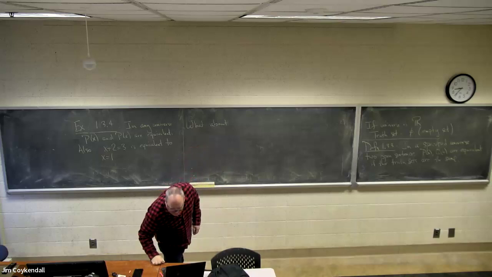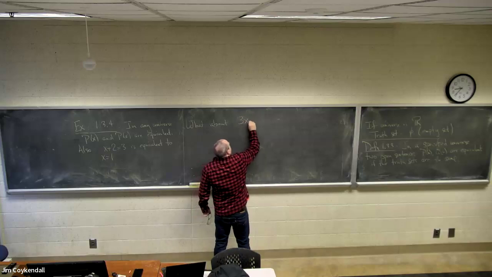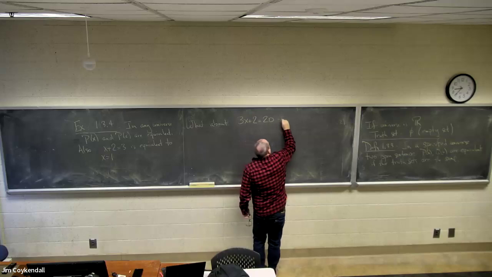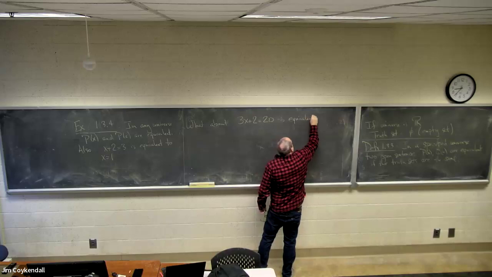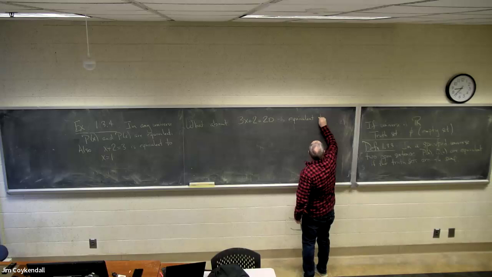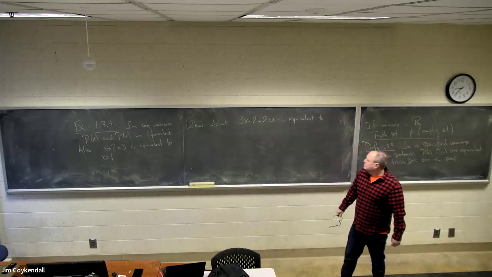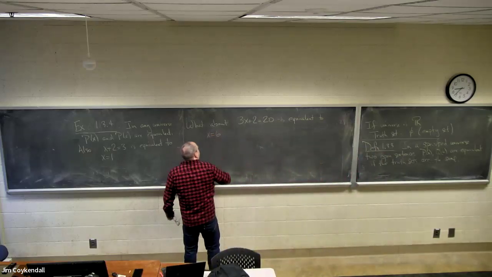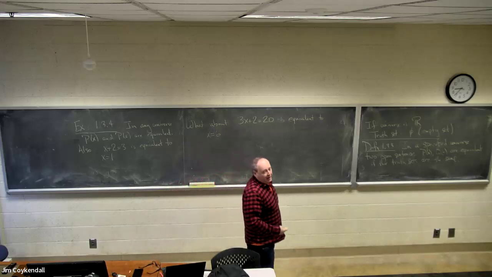3x plus 2 is 20. x minus x equals 0. Not necessarily.